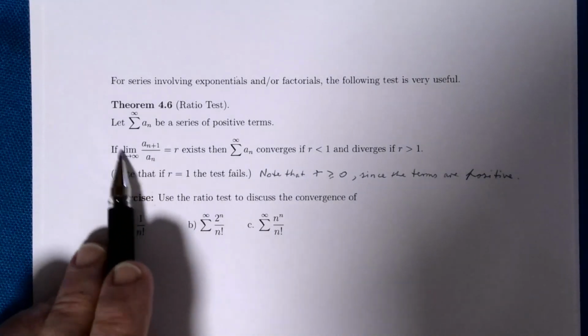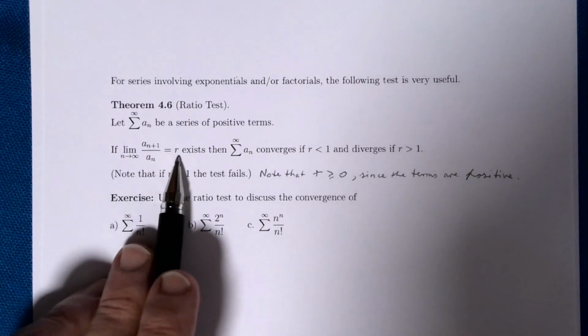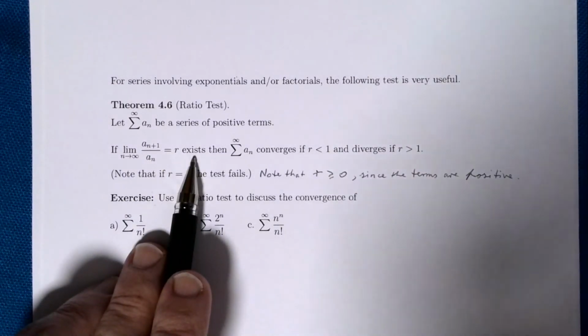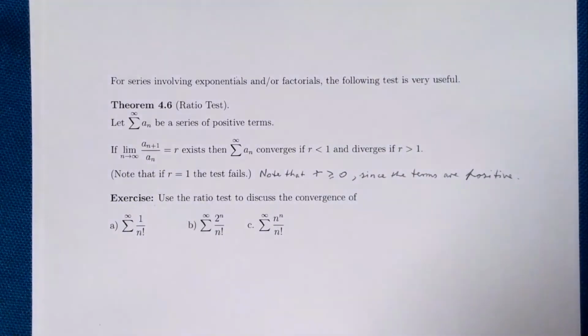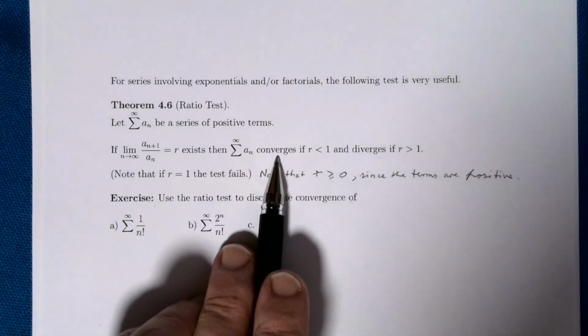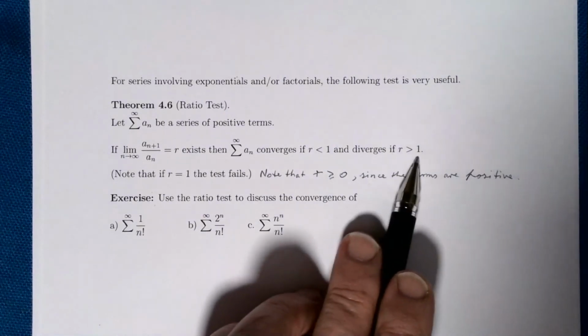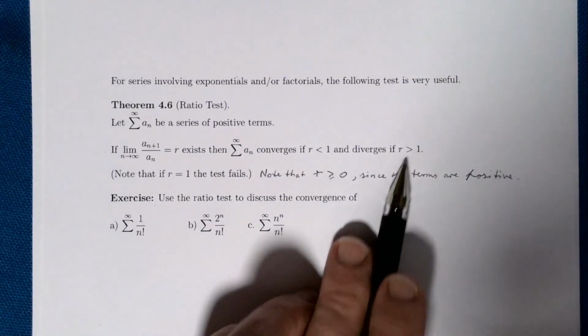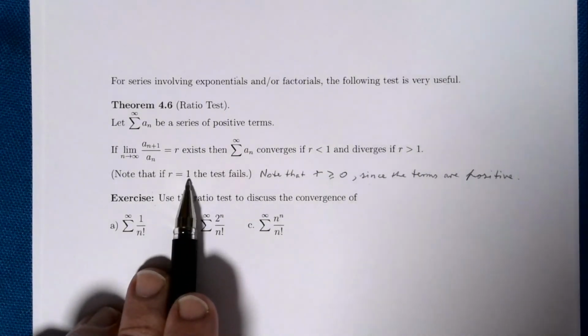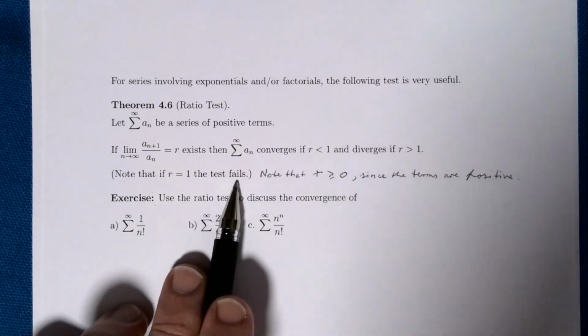This limit might not exist, but if it exists and it equals r, then the result says that the series will converge if r is less than 1, and diverge if r is bigger than 1. By the way, if r equals 1, the test fails.